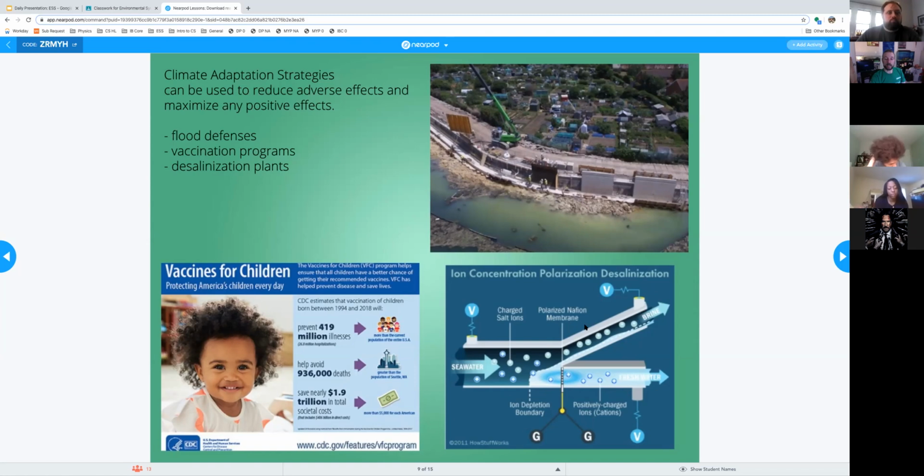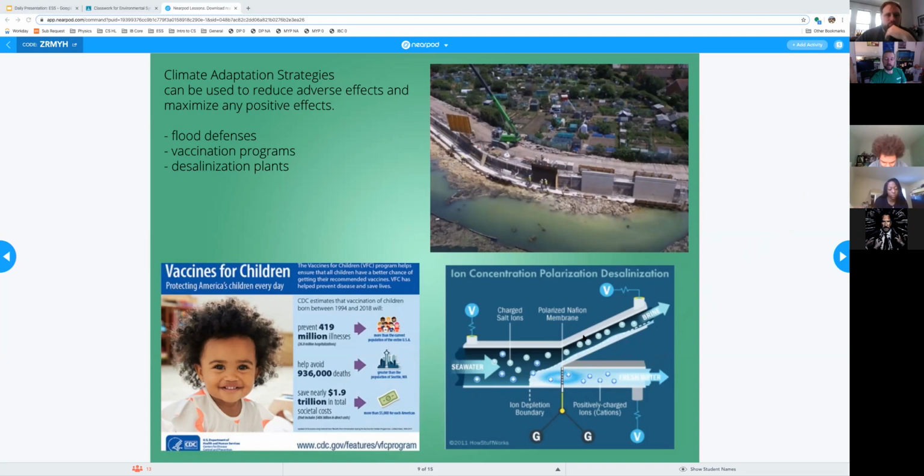So desalinization, and this is a general diagram of one method of desalinization, can be done, and if it's done well, then we get the fresh water coming out one side, we get the brine, which is basically super, super salty water, coming out the other side, and we can provide fresh water to all sorts of different communities all over the world.